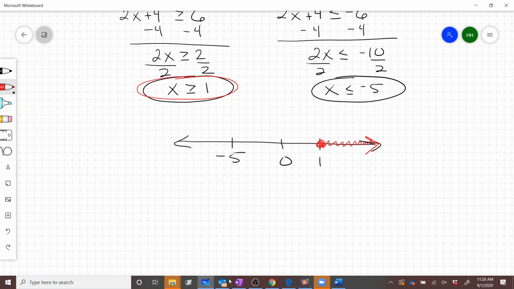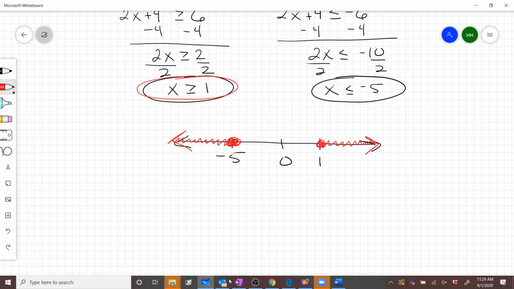We are less than or equal to negative 5, so we're closed on the negative 5, and we're going this way. Got it?